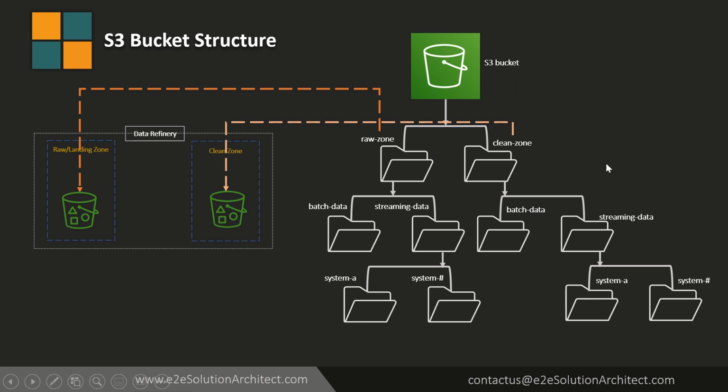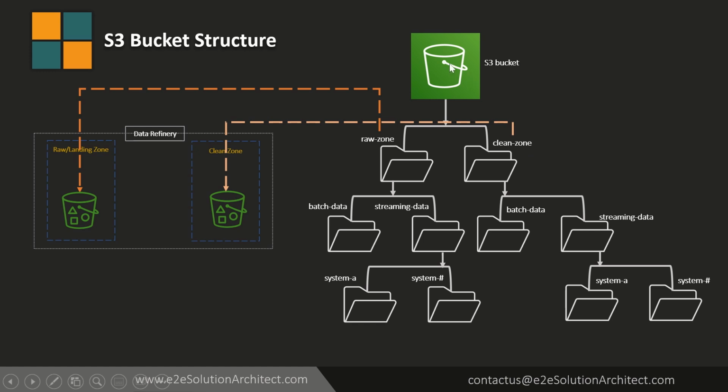As you see, I have created a single S3 bucket, and inside that I created two folders, raw zone and clean zone. As per your business requirement, you can create the clean zone and raw zone completely separately in two separate S3 buckets. But in our tutorial, we have created two separate folders in a single S3 bucket.